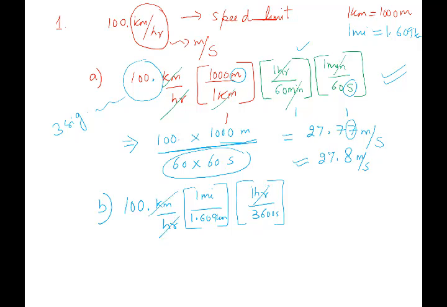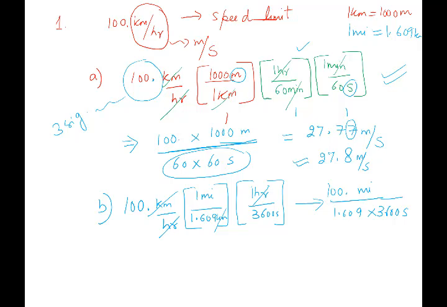Miles and miles stay there, kilometers and kilometers are gone. Now we'll multiply all of them, so this is 100 miles divided by 1.609 into 3600 seconds.